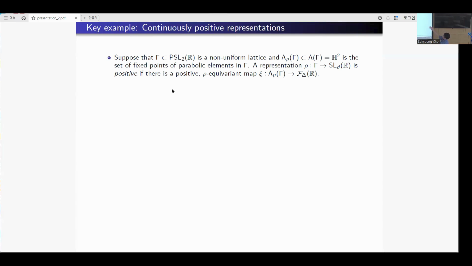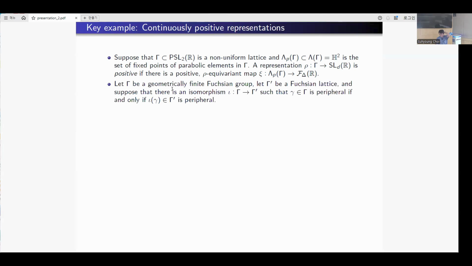Equivariant here makes sense because the set of fixed points of parabolic elements is gamma-invariant, and it's a subset of the circle, so positivity makes sense as well. This C is usually called the framing of the representation, and I think Francis is going to talk more about that tomorrow.